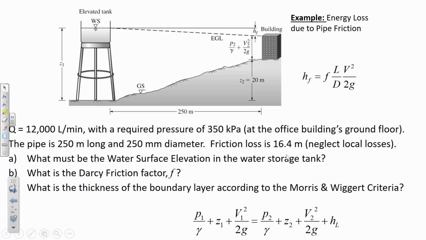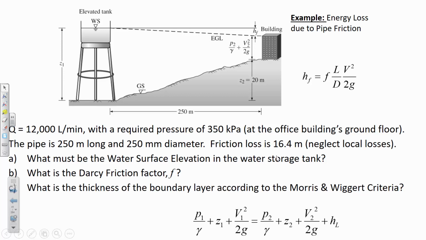In part A, I'd like you to use the energy equation and solve for Z1. Find out how tall the water has to be inside of that elevated tank to make it all work, so that we have enough pressure to overcome the friction losses.